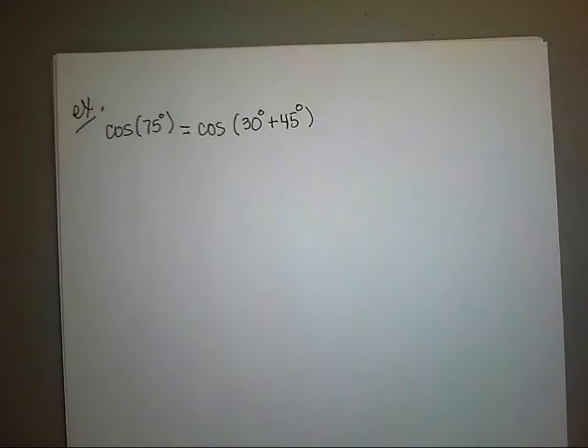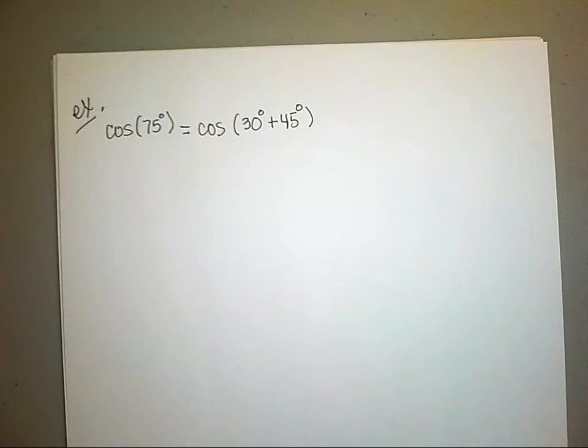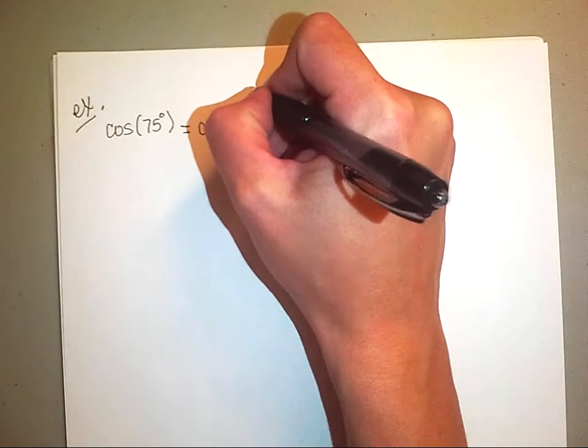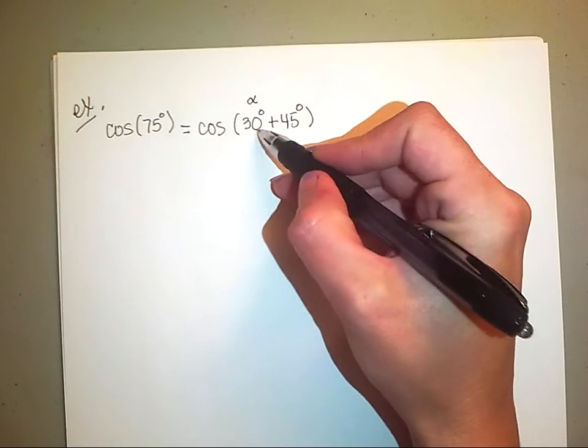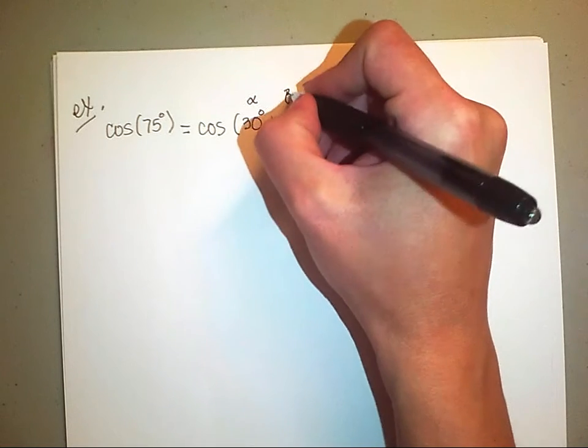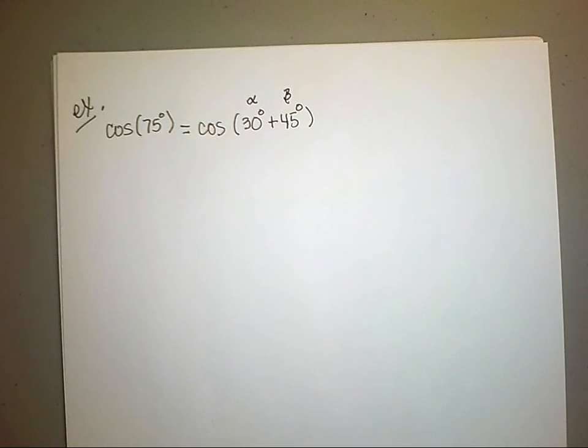Remember your degree symbols. And why is that helpful to us? Well, now that I've done that, 30 degrees is known. We'll call that alpha. 45 is also known. We'll call that beta.